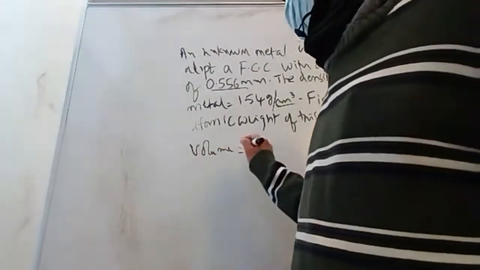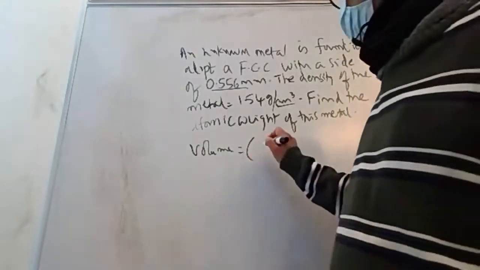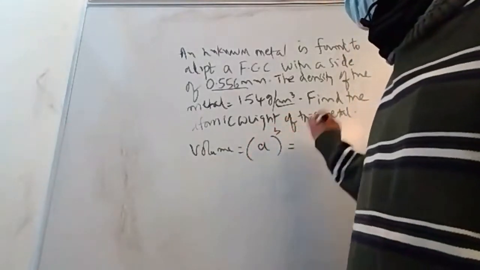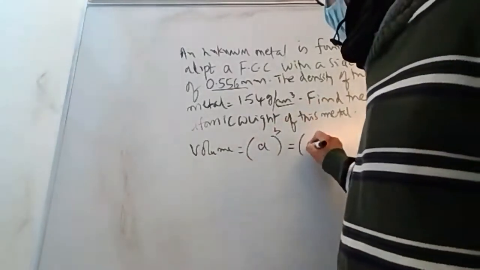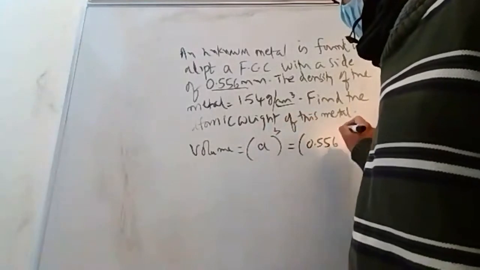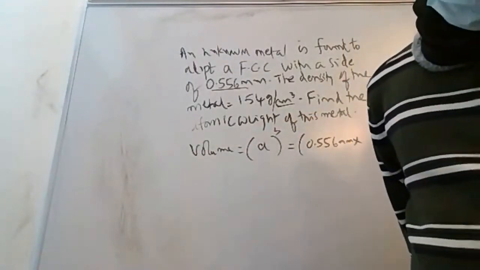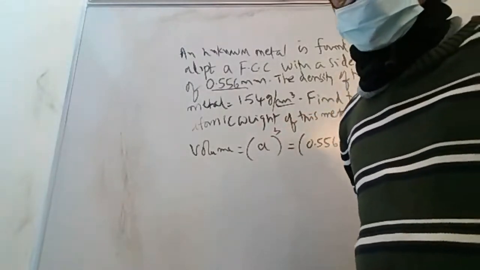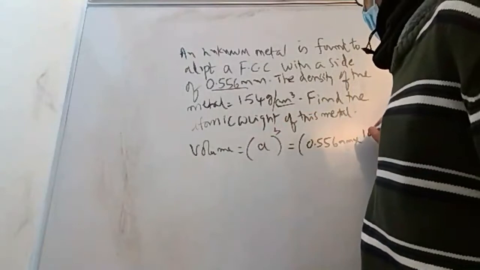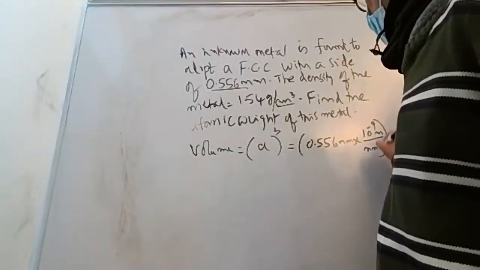So the volume is going to be the side of the cube, a cubed, which is 0.556 nanometers, cubed. And we know 10 to the negative 9 meters is a nanometer. So 10 to the negative 9 meters per nanometer, cubed.